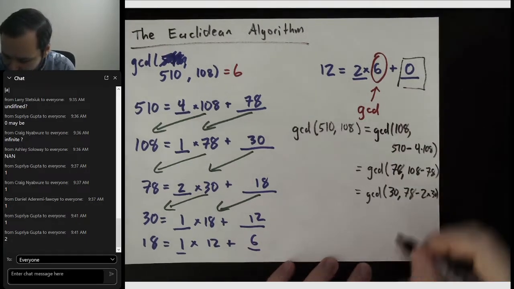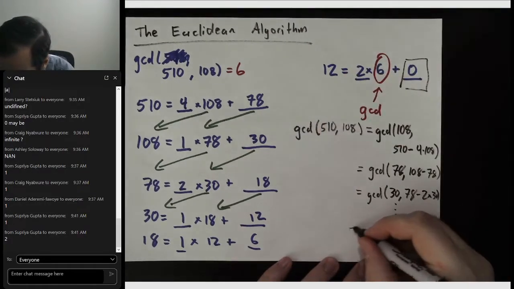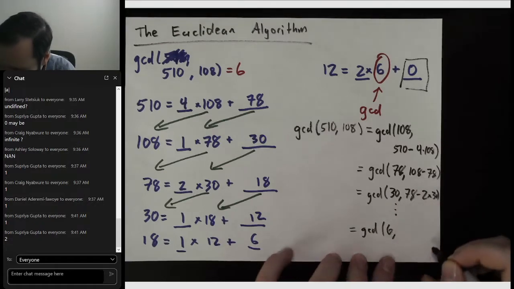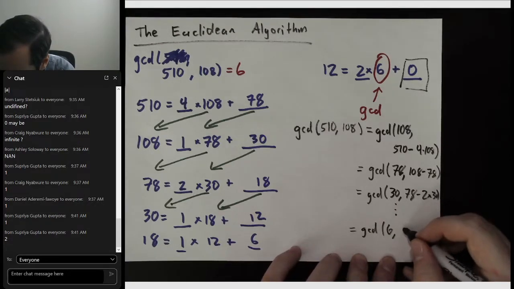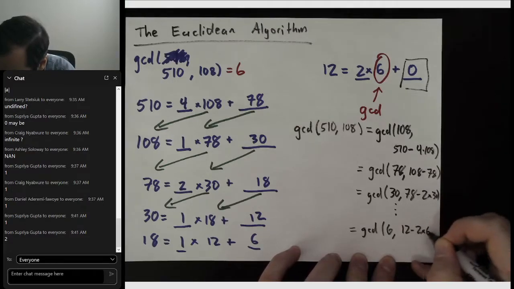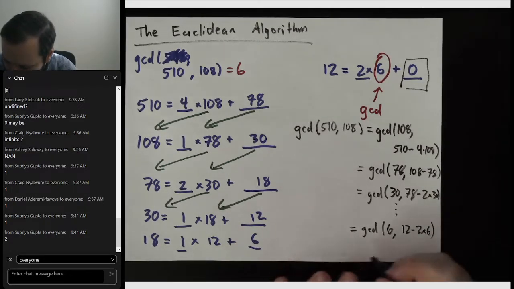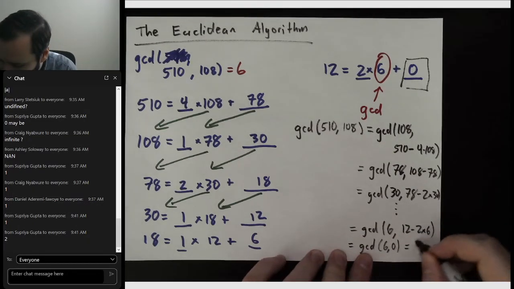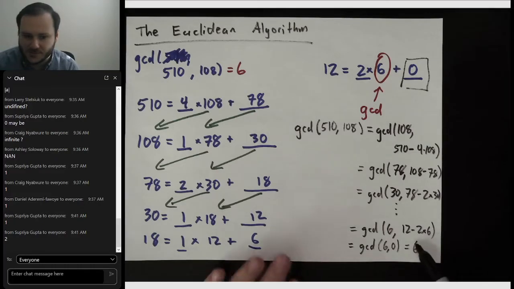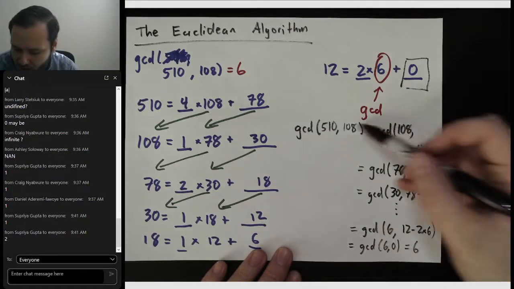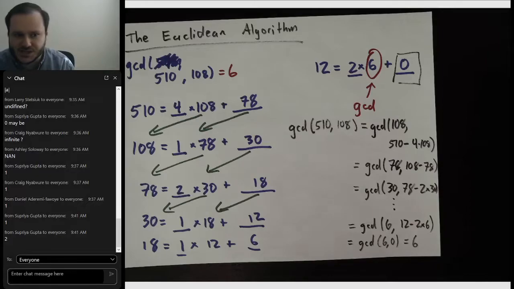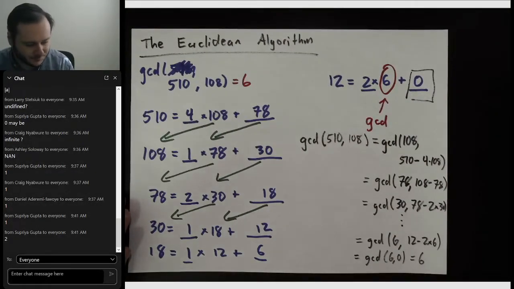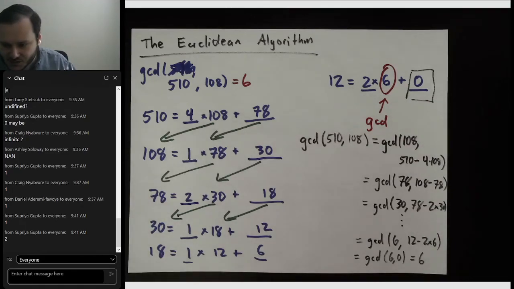So I'm going all the way down until my very last step is equal to the GCD of 6 and 12 minus 2 times 6. But this is just saying the GCD of 6 and 0, which we know is 6. And so we can follow this path all the way back up to the GCD of our original 2 numbers, 510 and 108. So this is the Euclidean algorithm.